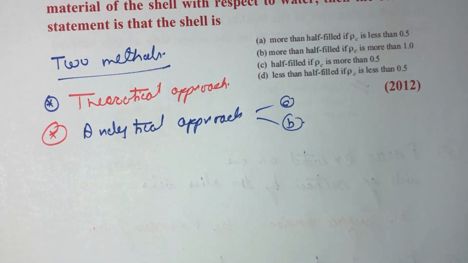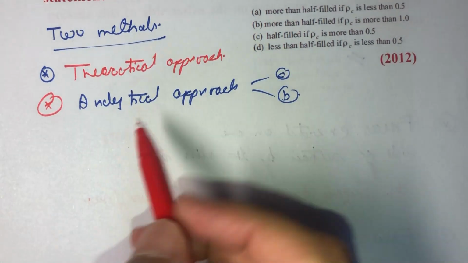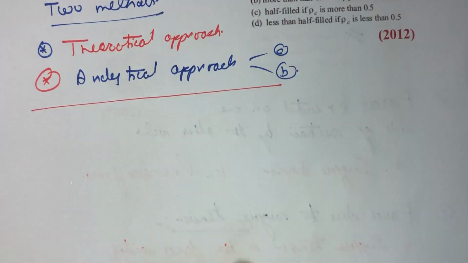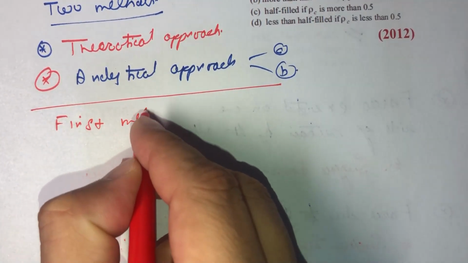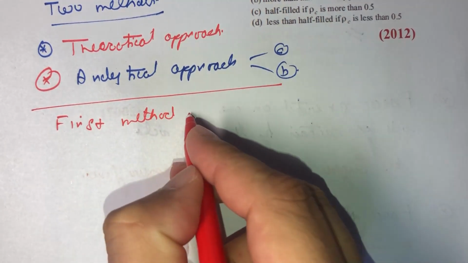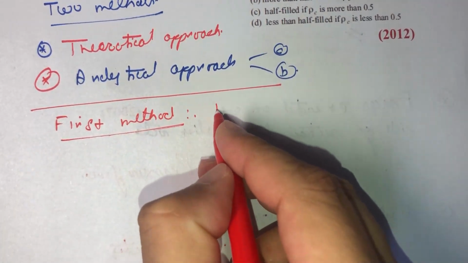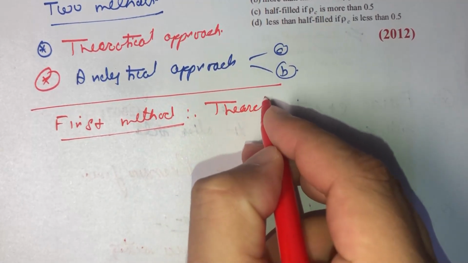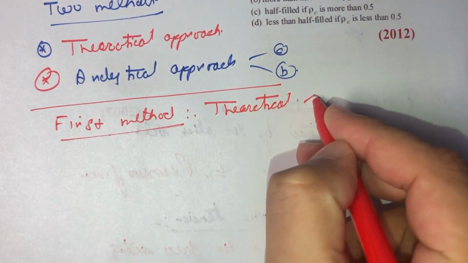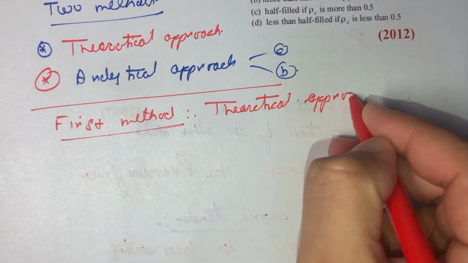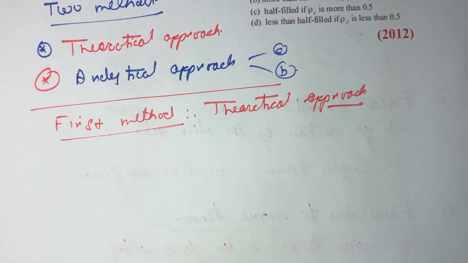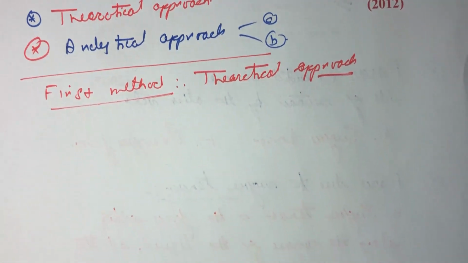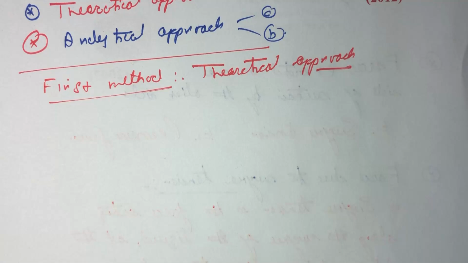So let us first of all start with our theoretical approach. So first method, which is our theoretical approach. Before going into all the options, there are two key concepts which we should know.